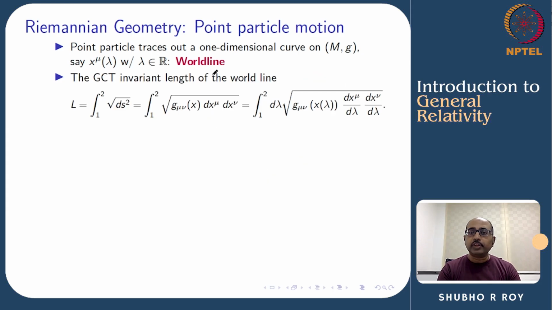Now, given the world line, one can always define a general coordinate invariant length of the world line, which is given by an integral over the infinitesimal length of the world line.